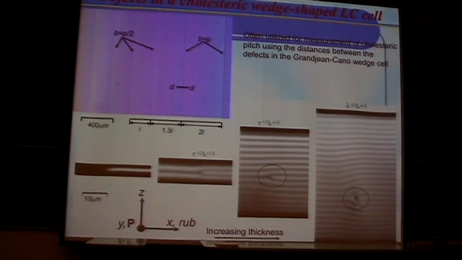The thin lines that you can see here are the lines that you can see in conventional polarizing microscopy. It's very hard to tell much about them, except that there are thicker lines and thinner lines.